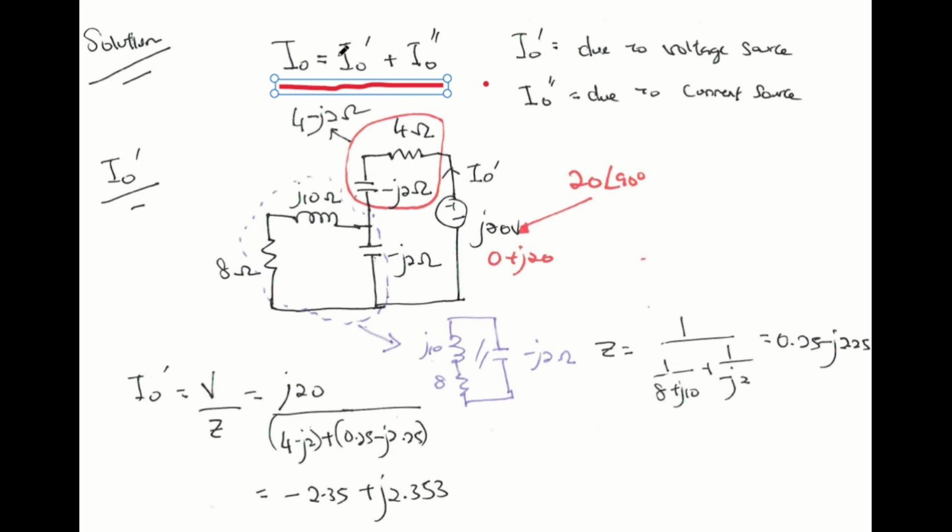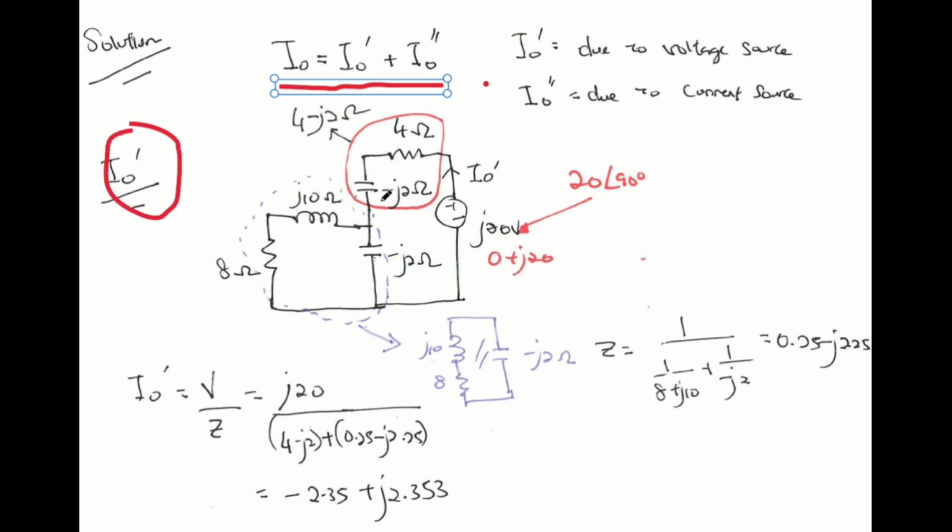I naught prime is due to the voltage source, where the current source is switched off, and I naught double prime is due to the current source, where the voltage source is turned off. So let's look into I naught prime.